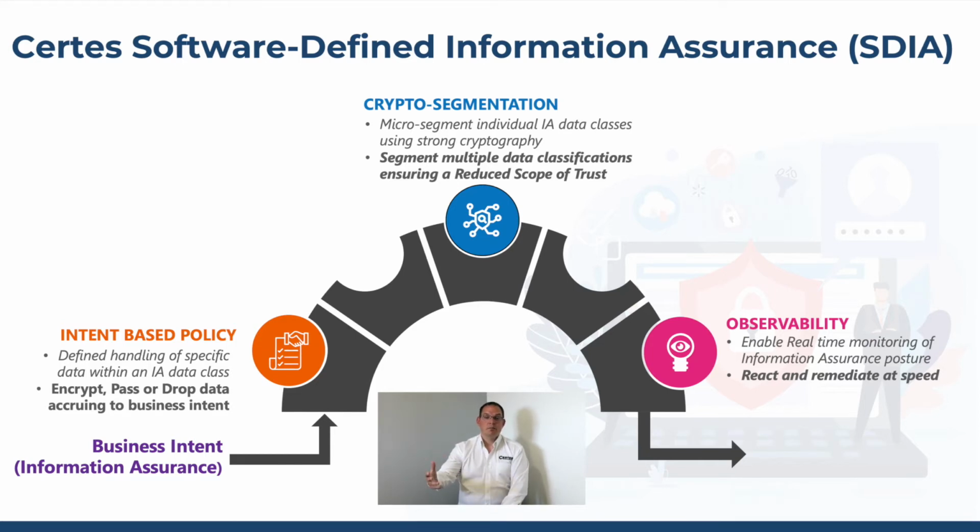Having this Certes metadata around how protected data is being handled in the environment can be coupled with other data sources from other security toolsets to help our customers define a broader, better understanding of how their environments in terms of security posture are operating.